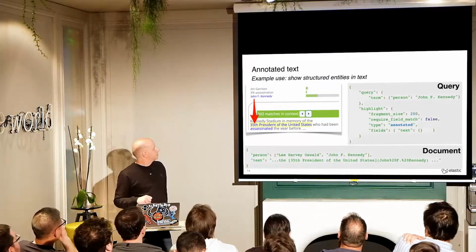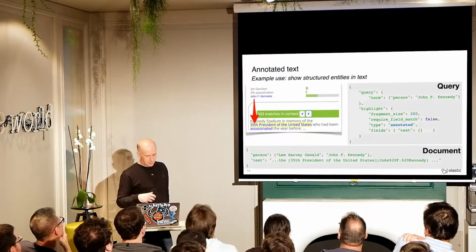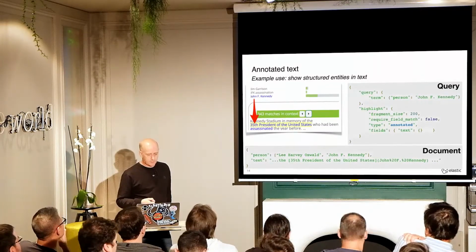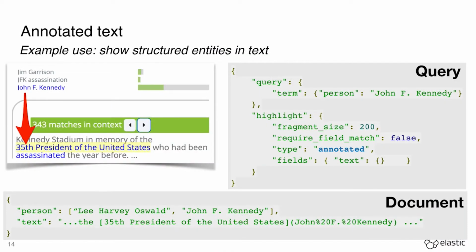So what that allows me to do, the screen is maybe slightly clipped where you're viewing it here, is I can have a piece of structured information like this bar chart at the top giving me my top structured entities. So we have John F. Kennedy at the top there, and I could build a user interface where when I click on John F. Kennedy, we run a query over there on the right saying search for person John F. Kennedy, John space F dot space Kennedy, and use highlighting on the annotated text field.